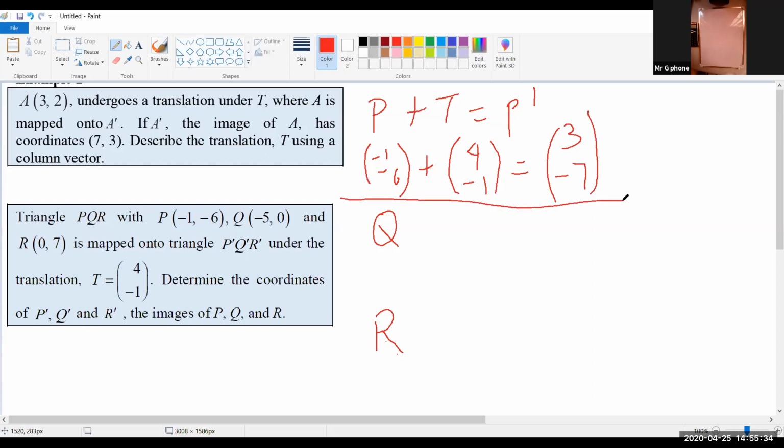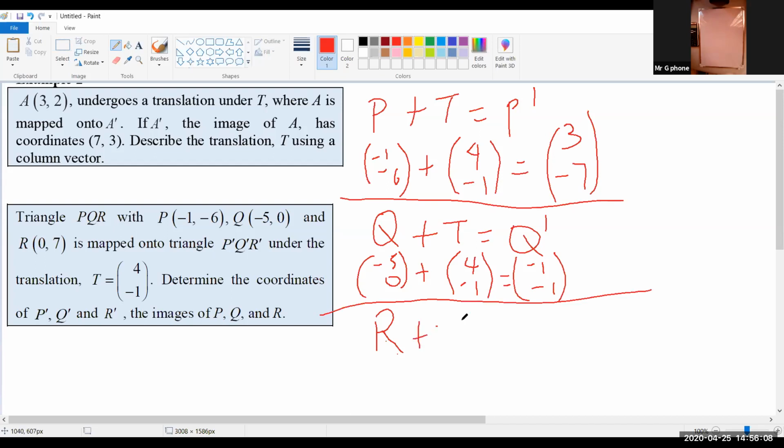Let's look at Q. So it's Q plus T is equal to Q1. So it's (-5, 0) plus T, which is (4, -1), is equal to, so -5 plus 4, when the signs are different, you find the difference, which is 1, and keep the sign of the greater number, and of course, -1.